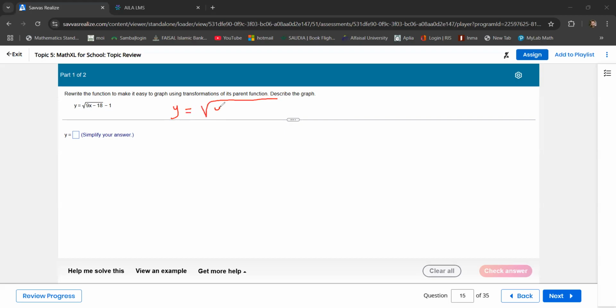I'm going to take the 9 as a common factor, so it is x minus 2 now, then minus 1 still outside. Now I can take the square root of the 9 to be 3. So it will be written outside the square root as 3 square root of x minus 2, minus 1. Now everything is clear. Every transformation is clear.